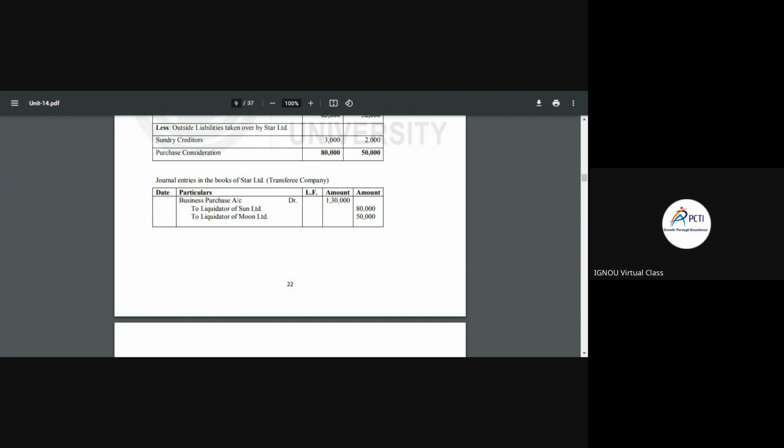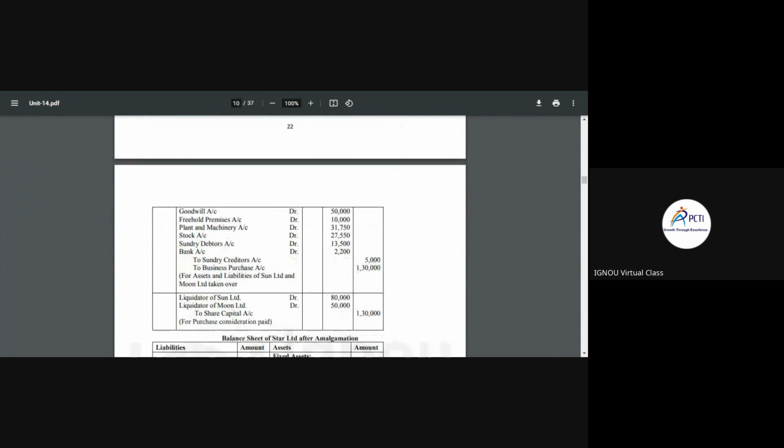In the case of business purchase, the amount will be 1,30,000. If you see, 80,000 plus 50,000 will be the purchase consideration, so the amount will be 1,30,000, to liquidator of Sun Limited 80,000, and to liquidator of Moon Limited 50,000.